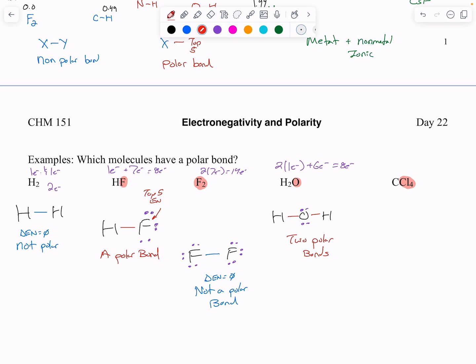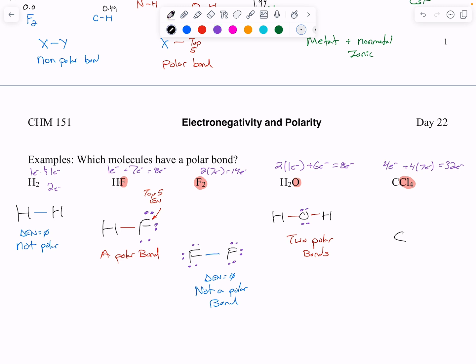And then carbon tetrachloride. We have 4 electrons for carbon, and again, I'm getting this from the periodic table. If you need to review the valence electrons, feel free to do so. But 4 electrons for carbon plus 4 times 7 electrons for chlorine, so that's 32 electrons.